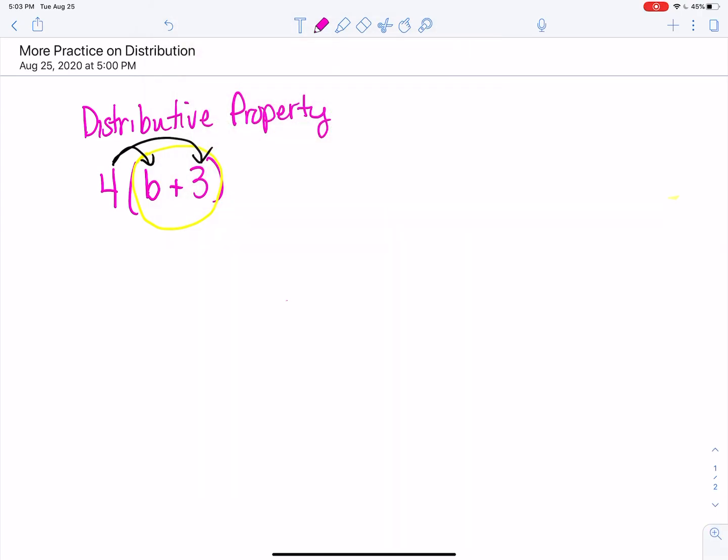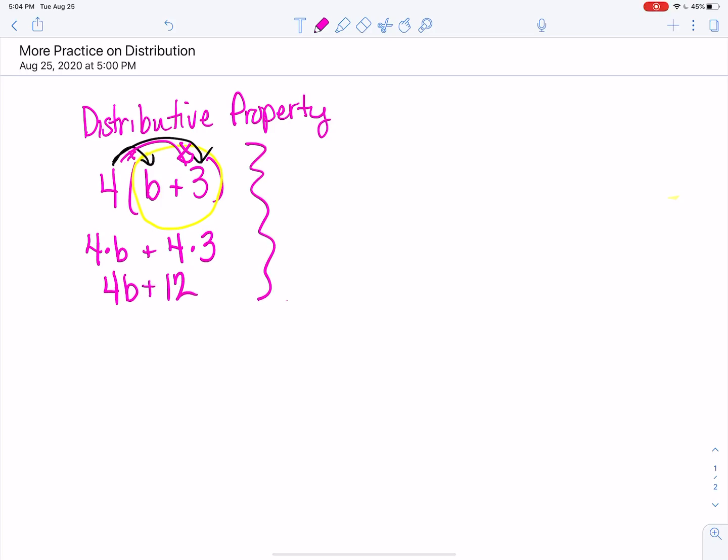So what that means is that 4 is multiplied by the b, but 4 is also multiplied by the 3. Okay, so it's distributed. That 4 has distributed, it's whatever he brought to the table to everybody there. So that means that we'll have 4b plus 12.